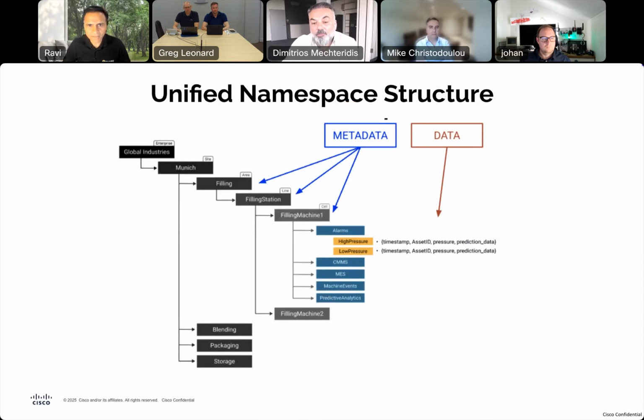So there are some key things, and this is how UNS is represented, typically following the ISA 95 model of your enterprise, site, area, line, cell, showing the data that is pertinent to what you're trying to do from a business perspective. For example, in the filling machine cell, you have different alarms, like high pressure alarm, low pressure alarm, that you want to be able to track.